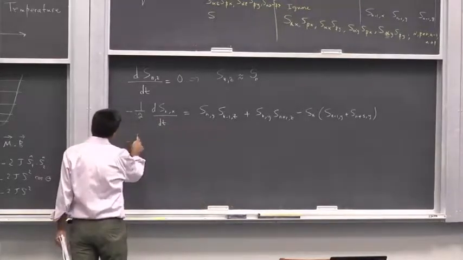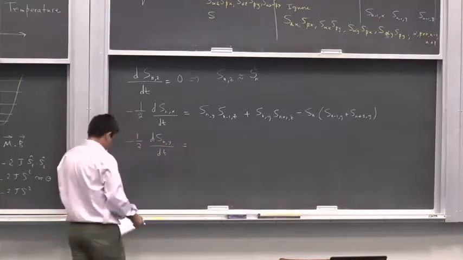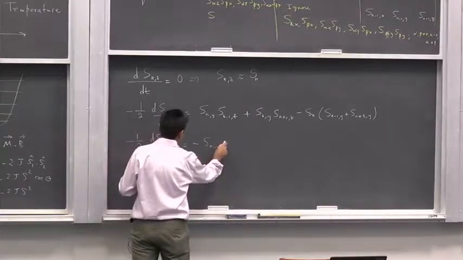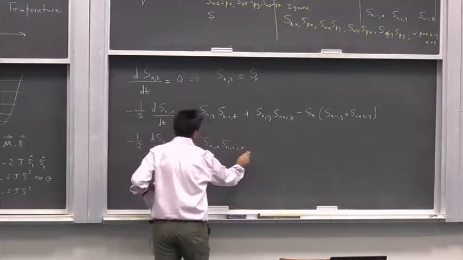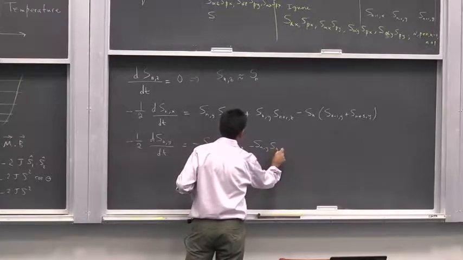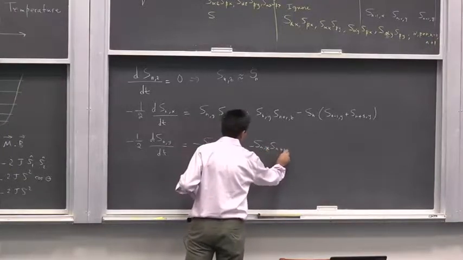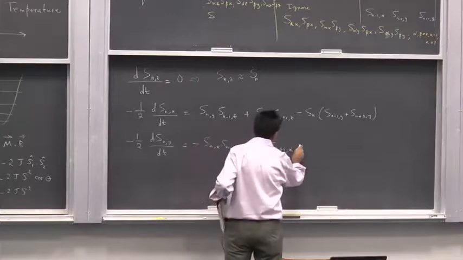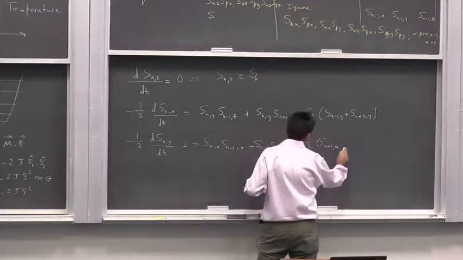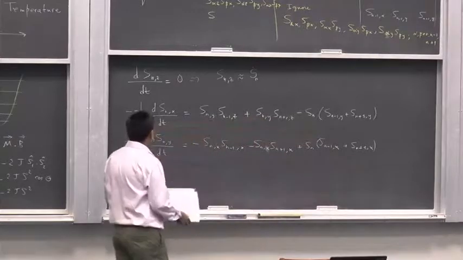The third equation is minus 1/2 dSn's y component is given by minus Sn's x component Sn minus 1's x component, minus Sn's y component, plus Sn minus 1's x component plus Sn plus 1's x component. Alright, so these are the three equations.